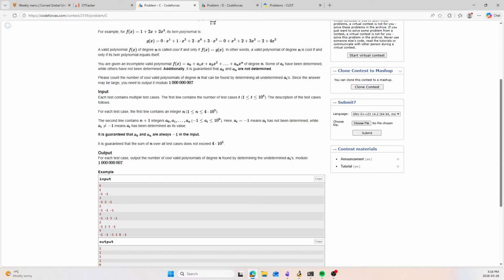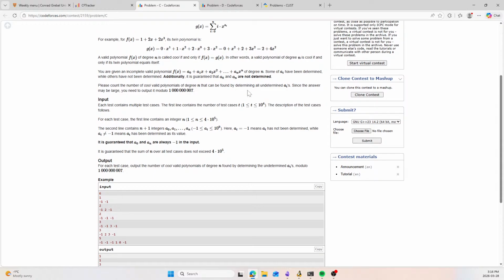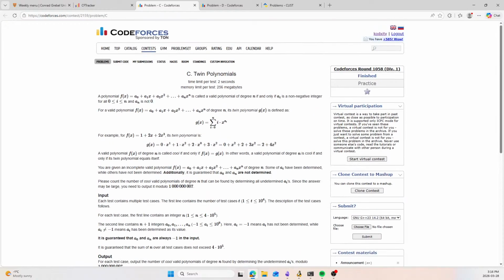N+1 integer as well. So wait, this is a polynomial. I just realized this is a polynomial.